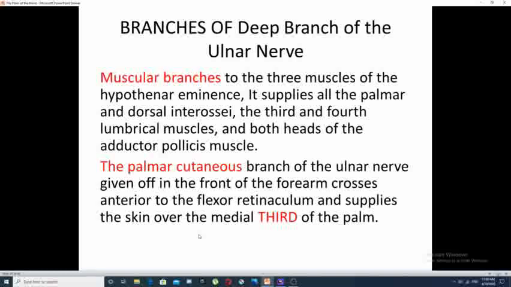Second, the ulnar nerve supplies the small muscles of the hand, all of them except the muscles of the thenar eminence and the first two lumbricals, which are supplied by the median nerve.